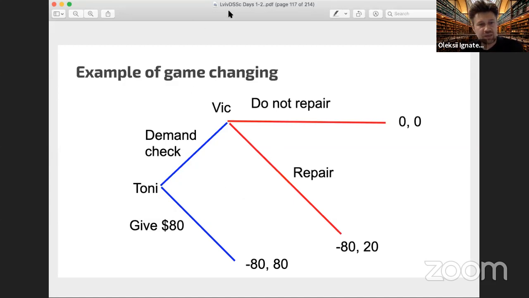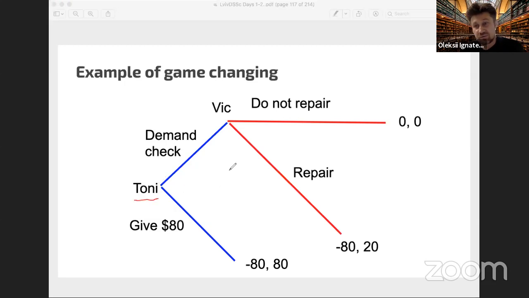We have a guy who actually scraped a little bit the car of another guy. So this guy wants a repair, and they do not want to ask an insurance company.